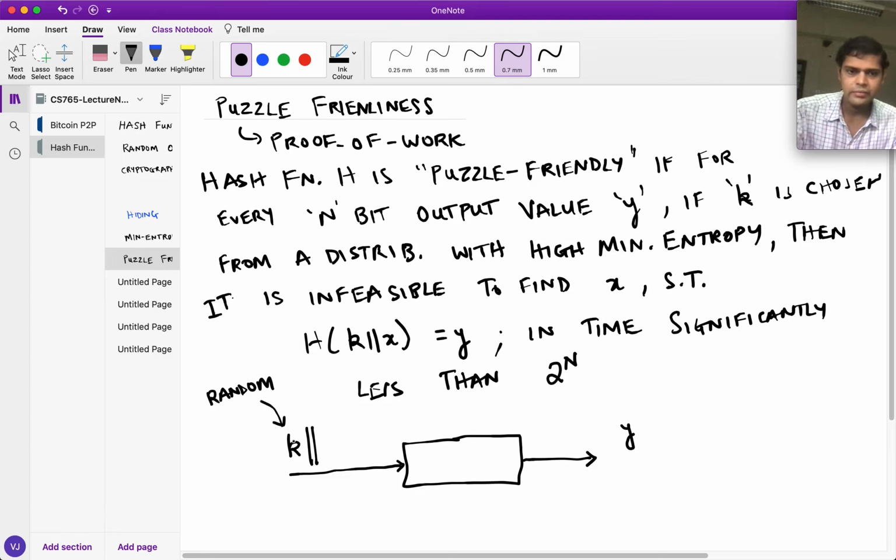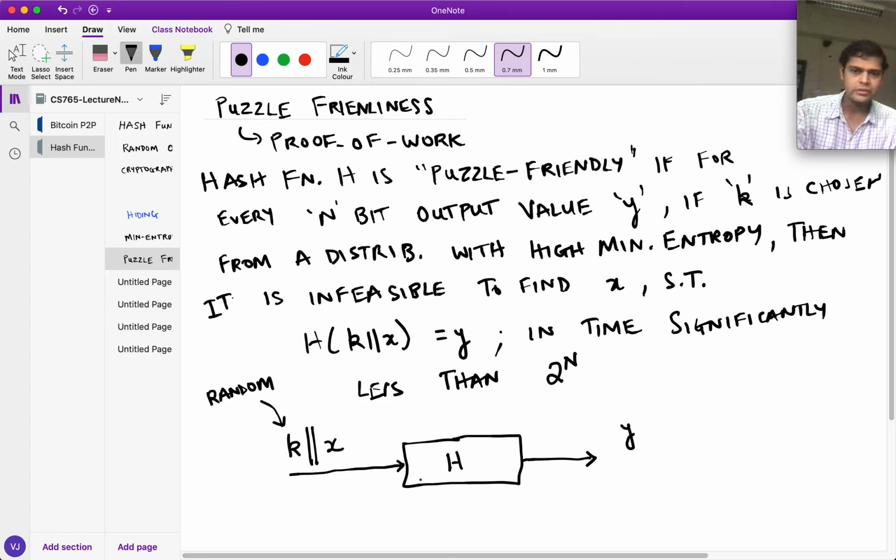I generate a random number k, and I tell you this is given to you. You have to concatenate to it x. You have to add some bit string x to it. X could be of any size, and you have to find x such that the hash output of k concatenated with x is equal to y.